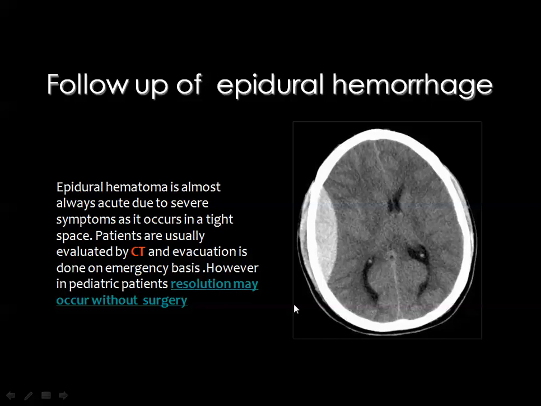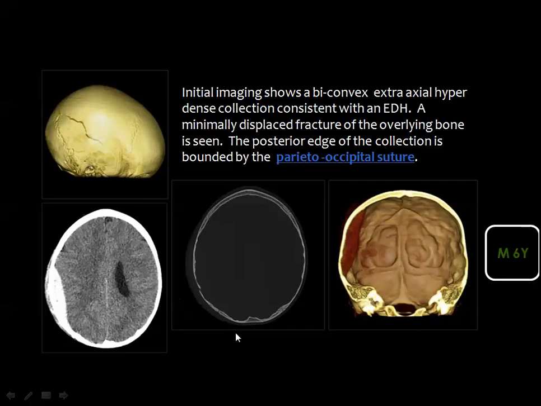But because the epidural hemorrhage is producing significant symptoms, evacuation is usually performed early before the hematoma proceeds into the chronic stage. But in the pediatric age group, there may be a chance for an epidural hematoma to resolve spontaneously if you have follow-up scans guided by the patient clinical condition.